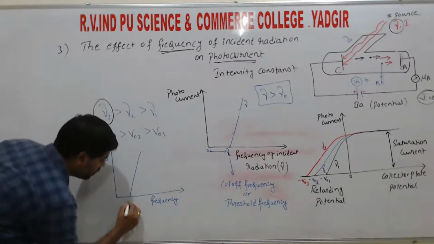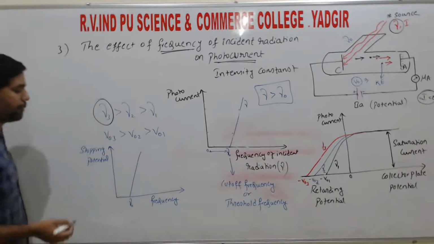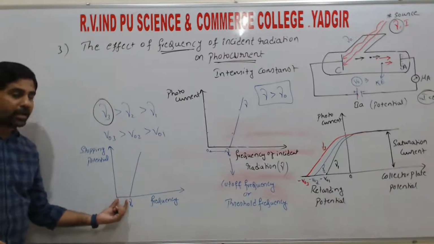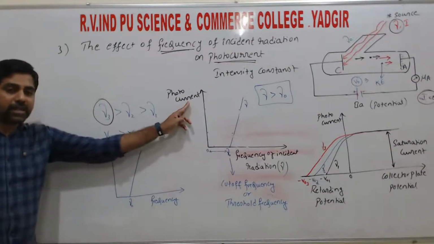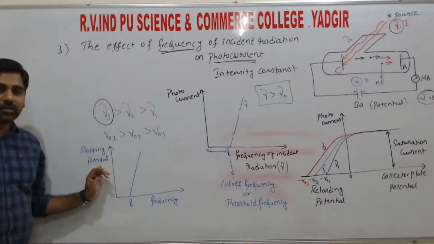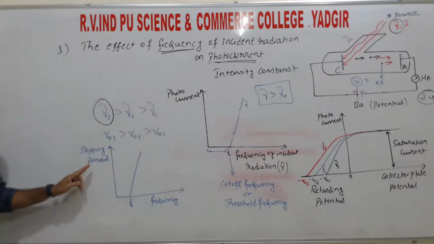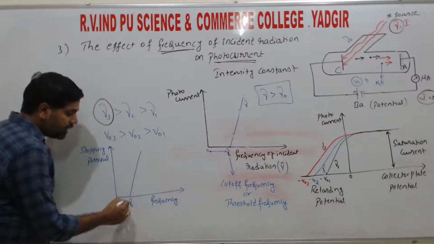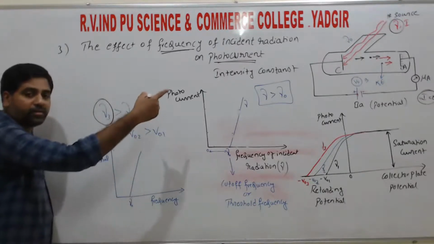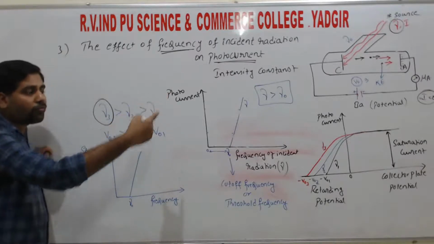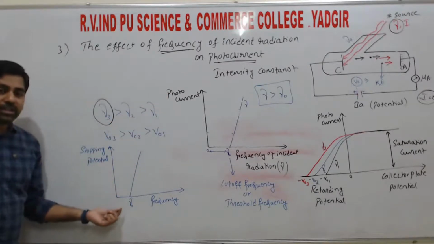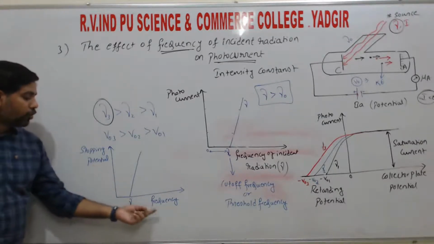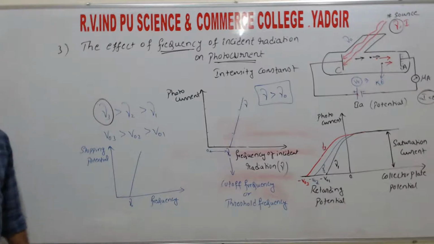This one we call nu naught, right? Here also we need minimum energy, as the photocurrent is directly proportional to this. That is, the photocurrent linearly depends on the stopping potential. If the frequency is less than the threshold frequency, then there is no flow of electrons. No flow of electrons means the stopping potential is 0, right? So this is the curve for the stopping potential against the frequency.